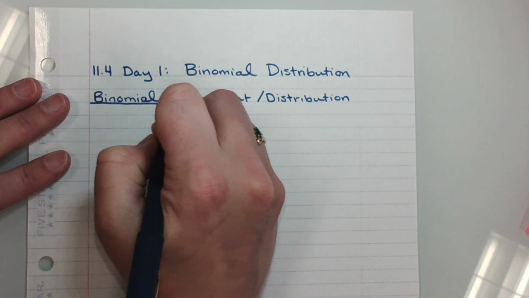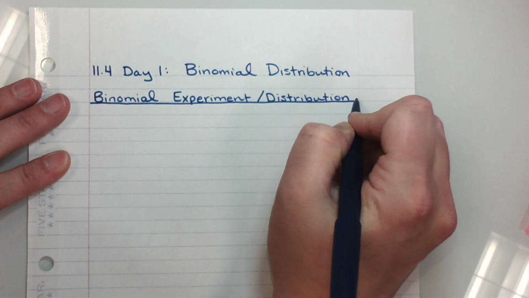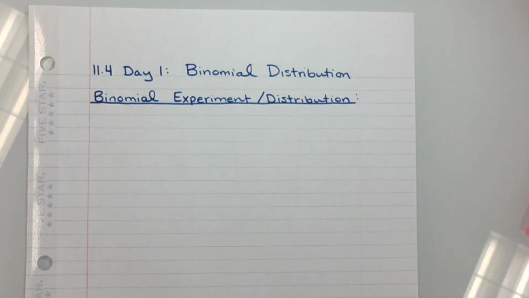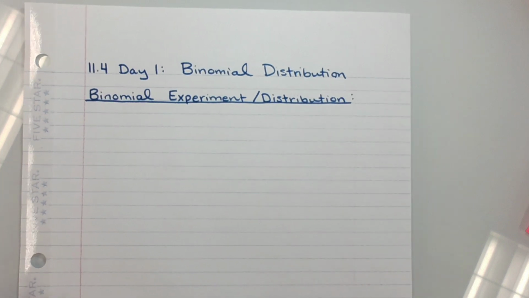Now, when it comes to working with binomial distribution, sometimes they call it a binomial experiment, if it's something that you're actually doing things with. They ask if it could be simplified down to a binomial experiment.